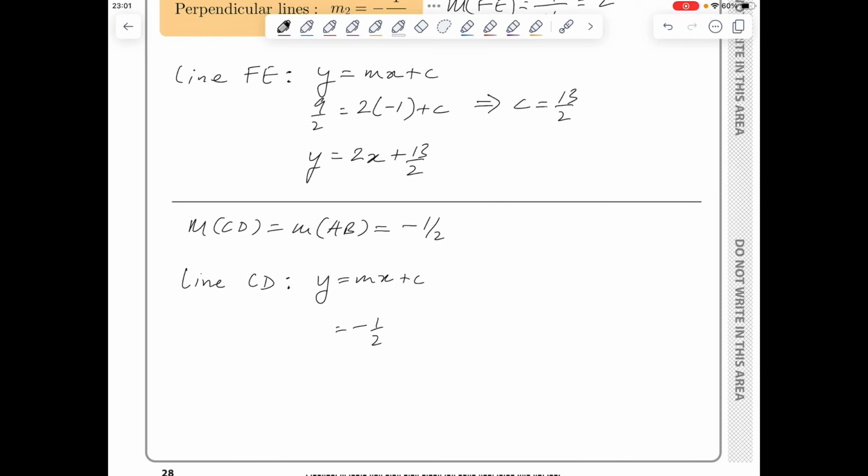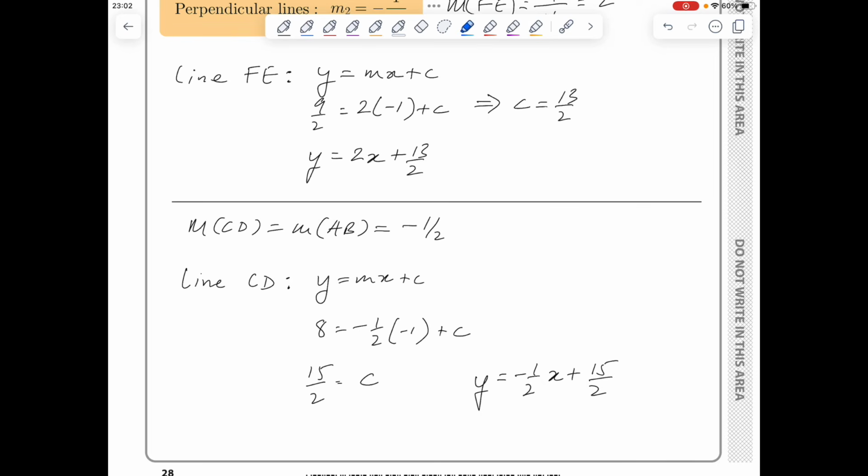And the point on CD I'm going to use is point D, which I know is minus 1, 8. So 8 is equal to minus a half times minus 1 plus c. This will give me a value of c of 15 over 2. Therefore, y equals minus a half x plus 15 over 2 is the equation of the line CD.